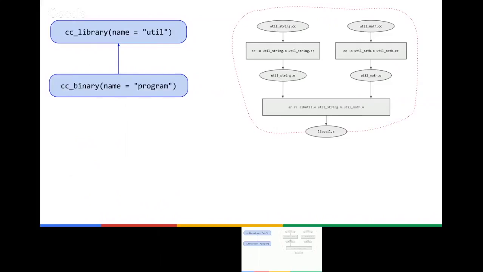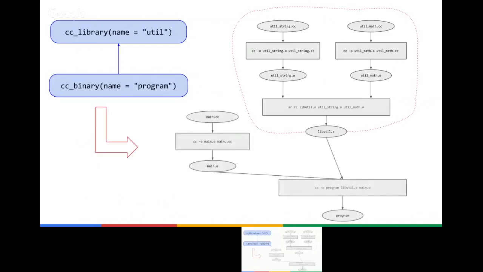And when we evaluate the CC binary, the CC binary will also have some compilation step and linking. But you notice the edge between the two, because the CC library sends information to the CC binary. It tells that it will generate a libutil.h, and so there's communication between the two.